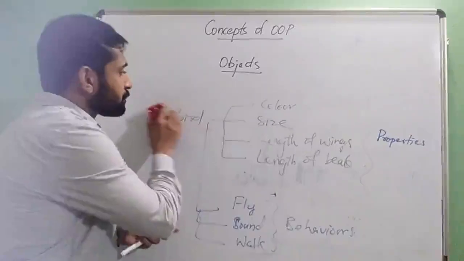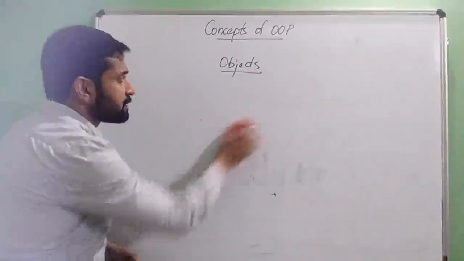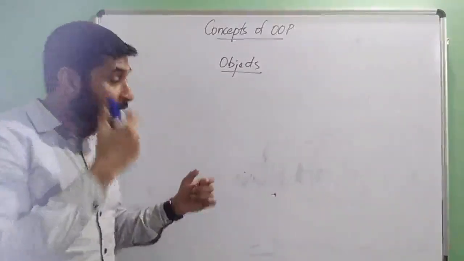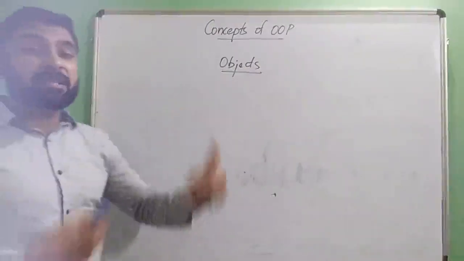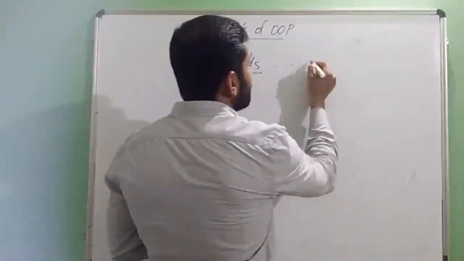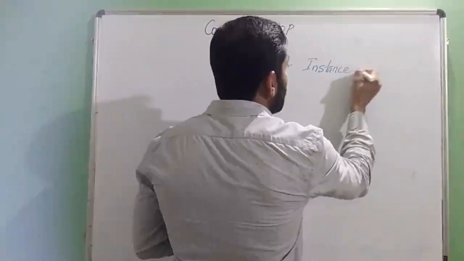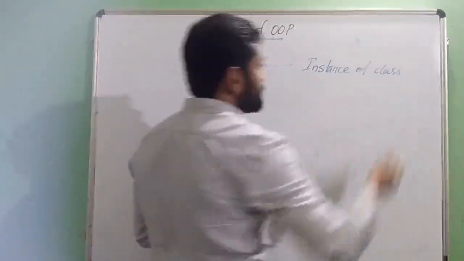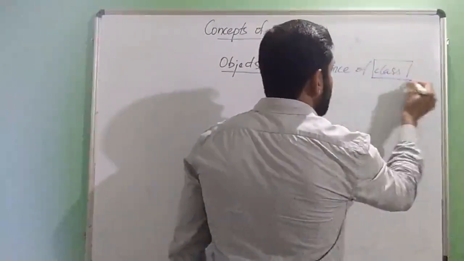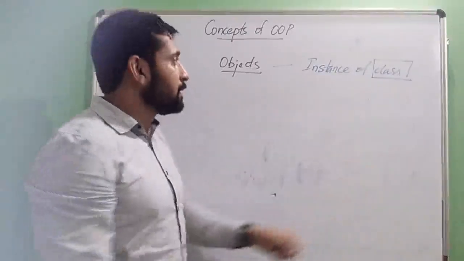So here in C++, an object is actually an instance of a class. So there arises a question, what is a class? An object is an instance of a class.